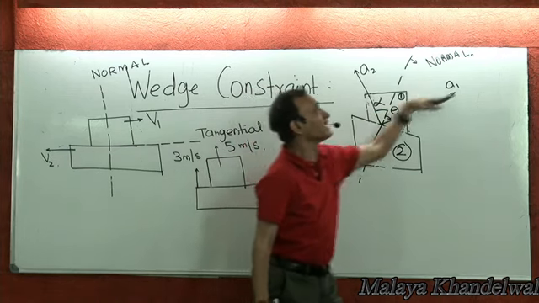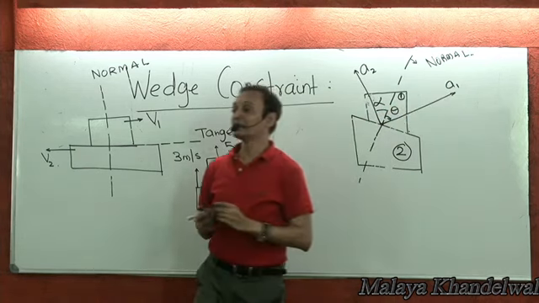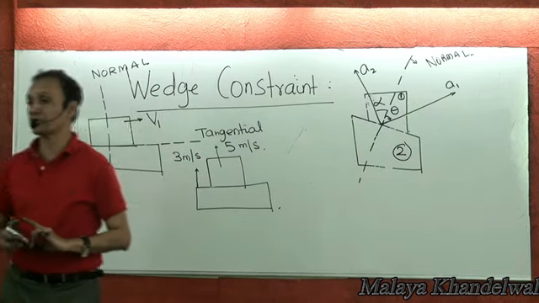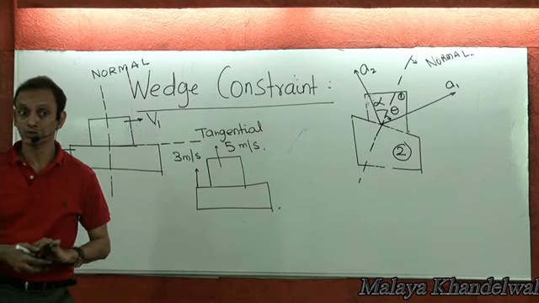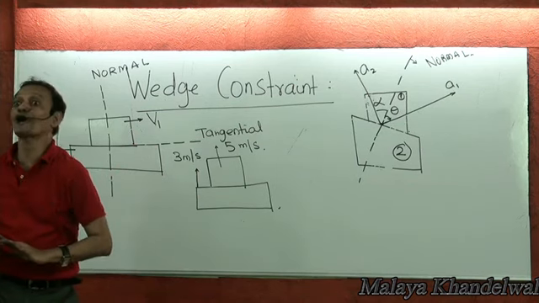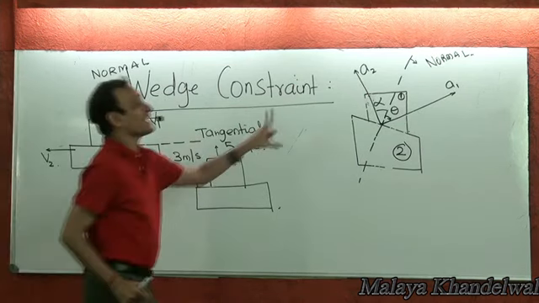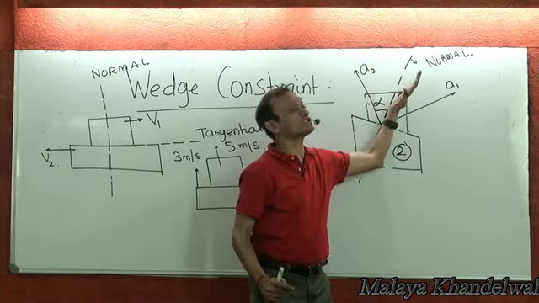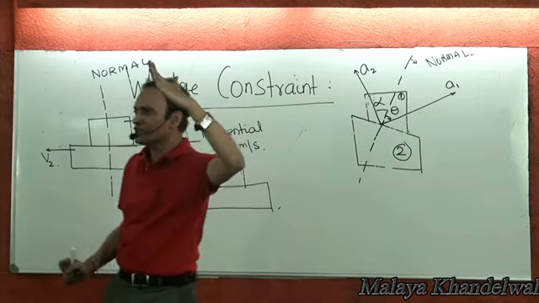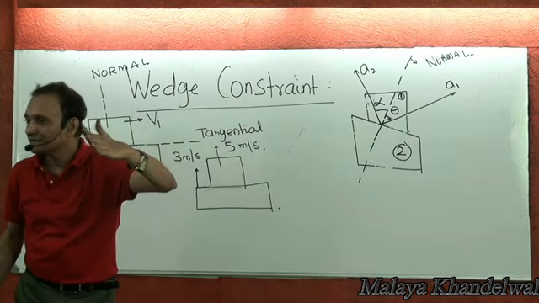This body 1 has an acceleration a1, making an angle theta with the common normal direction. Right? Clear? Now, for them to maintain contact, what is required? Acceleration of 1 along the common normal must be the same as acceleration of 2 along the common normal in order that they could maintain contact.